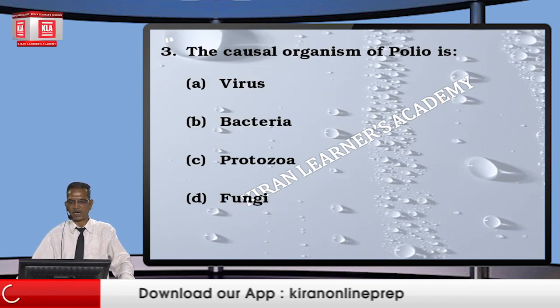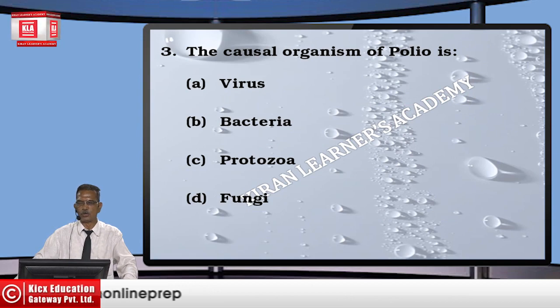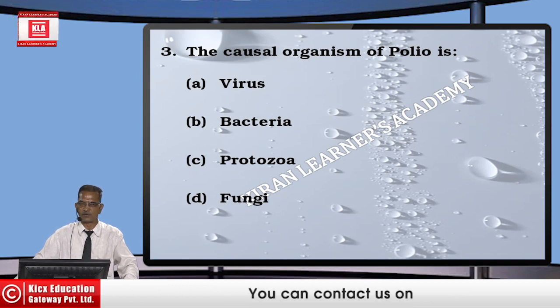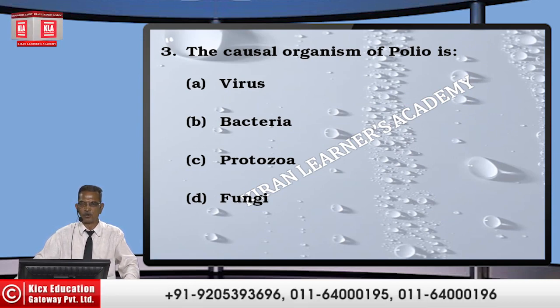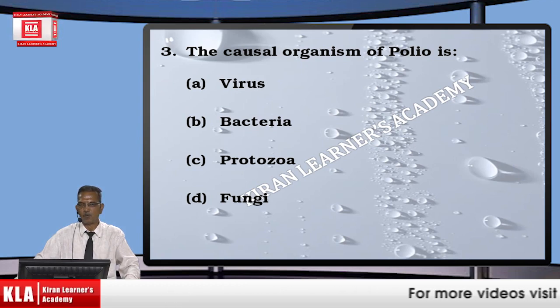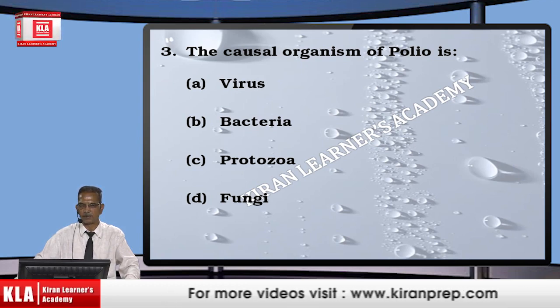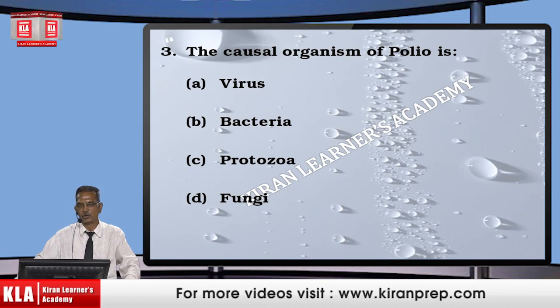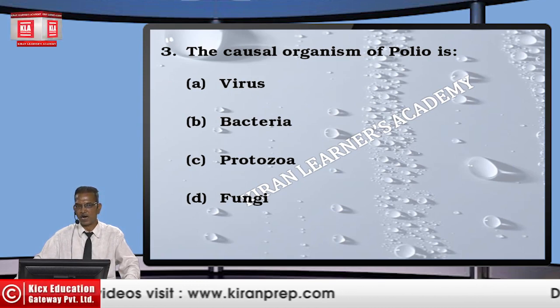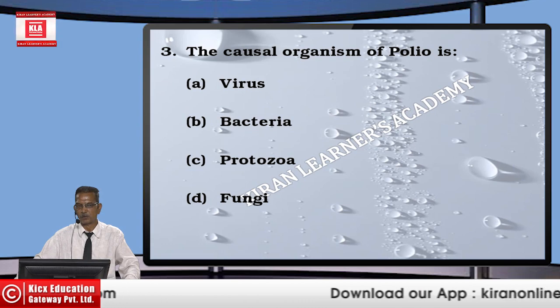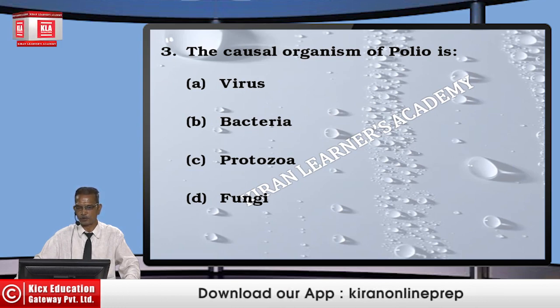Next, the causal organism of polio is one of the diseases which is well known. If you know or recall, there is a pulse polio program going on in India. It is in order to eradicate polio from the country. That means no child should suffer from polio. Therefore, the polio vaccines or polio drops are given to the child as a protection against polio.